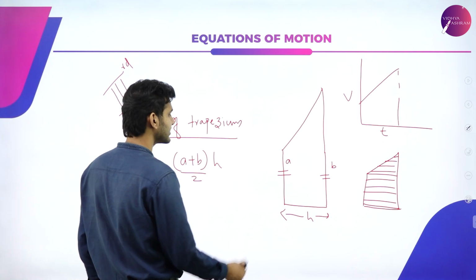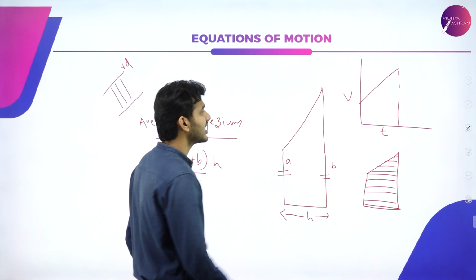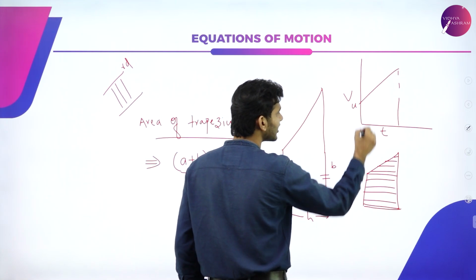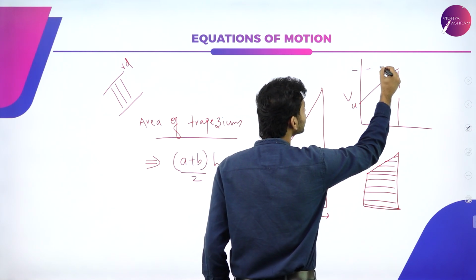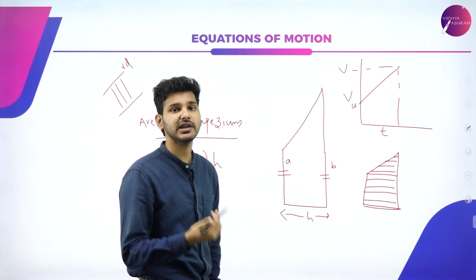Now we do know that this is A, this is B, and this is H, which means here we have initial velocity U and here we have final velocity V. We are just using the previous graph itself.